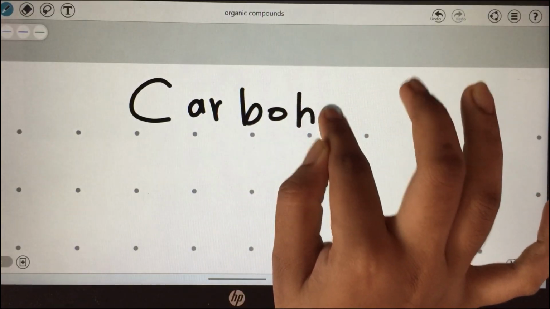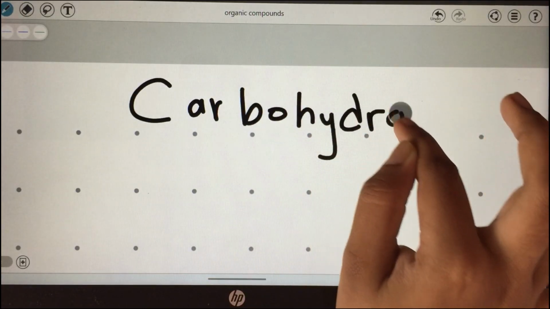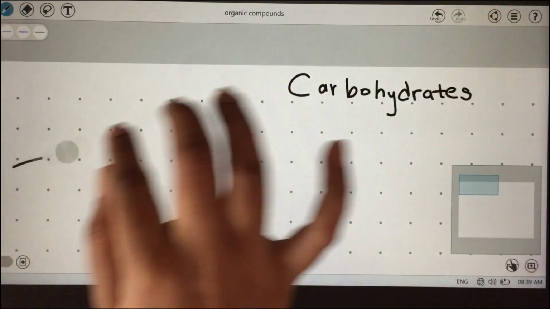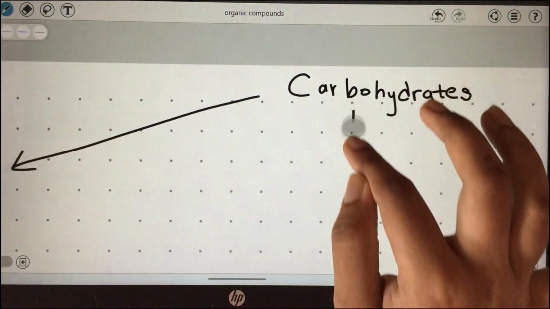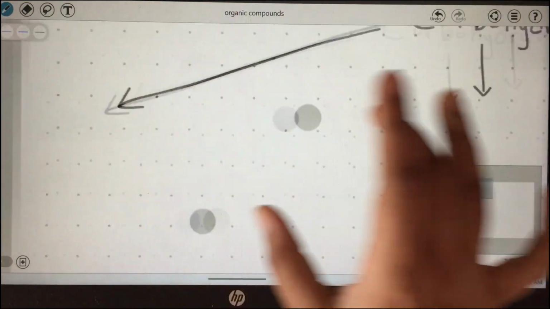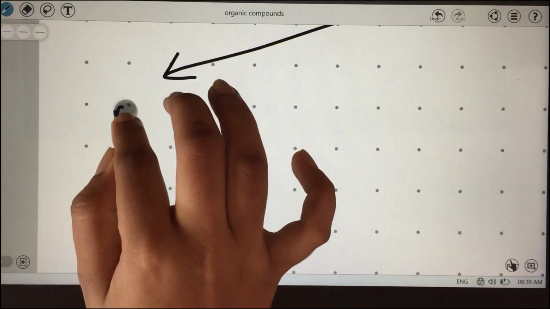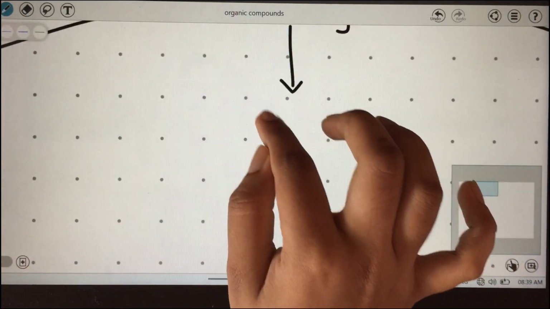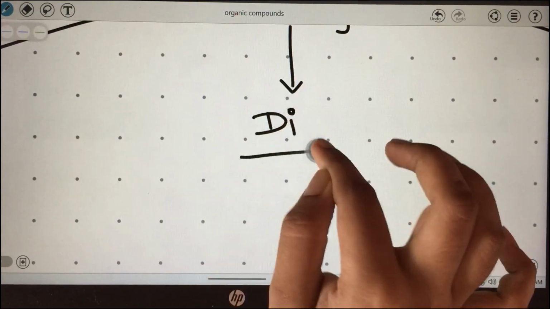And I told you carbohydrates are going to be divided again into three main types. What are the three main types? Monosaccharides, disaccharides, polysaccharides. You should be very familiar with these terms now. I'll just write mono, di, poly.